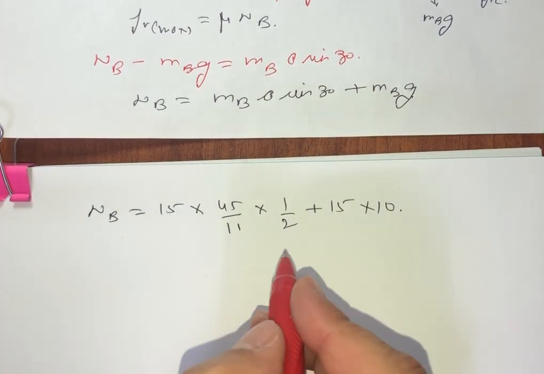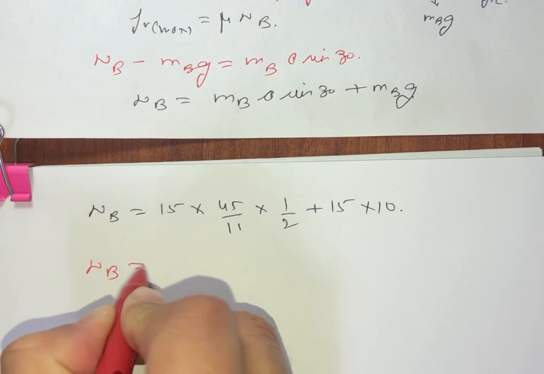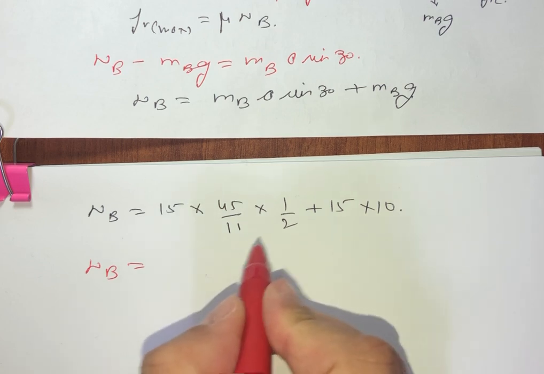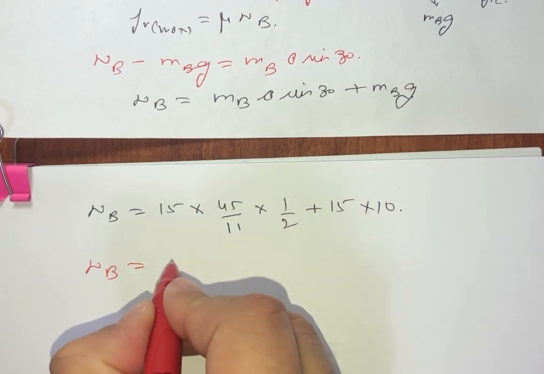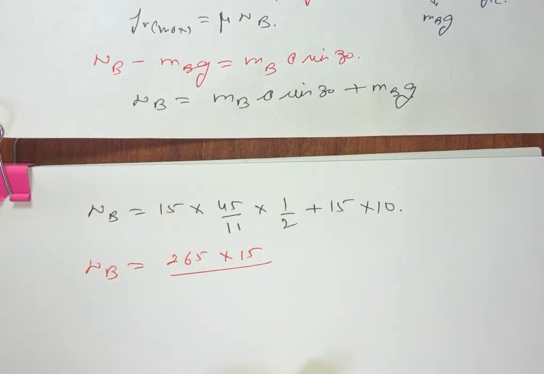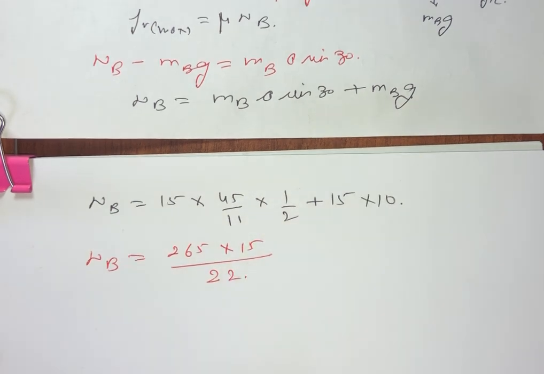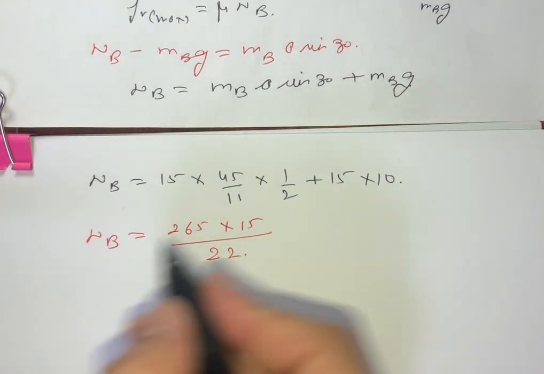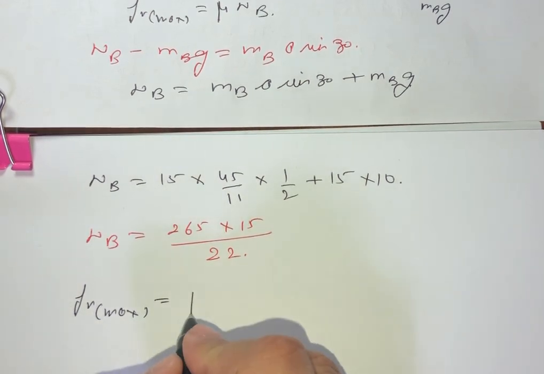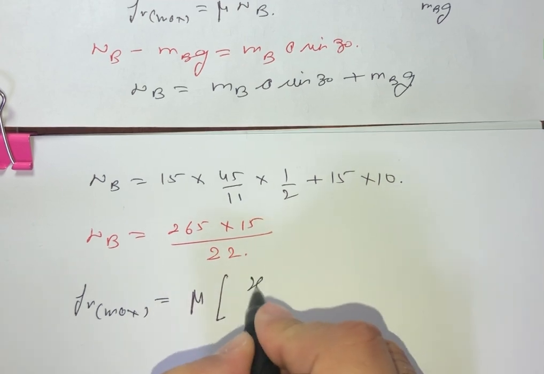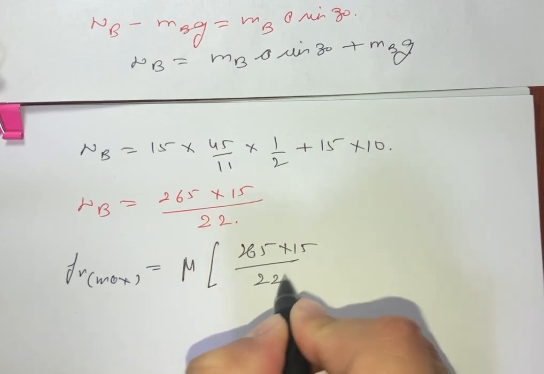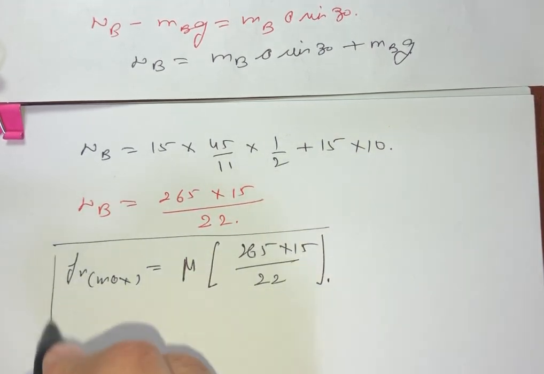So NB will be equal to 265 multiplied by 15 divided by 22. So the frictional force Fr max will be equal to mu multiplied by 265 into 15 divided by 22. This is the value of the maximum friction.